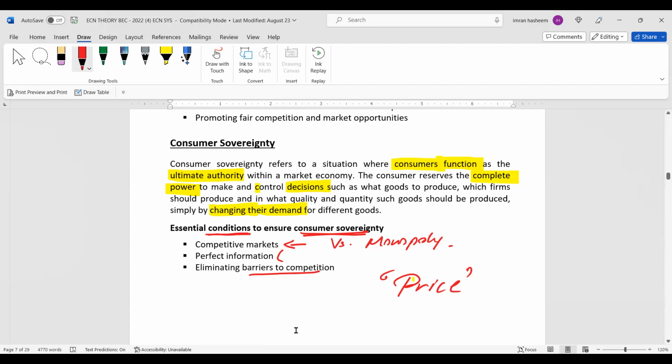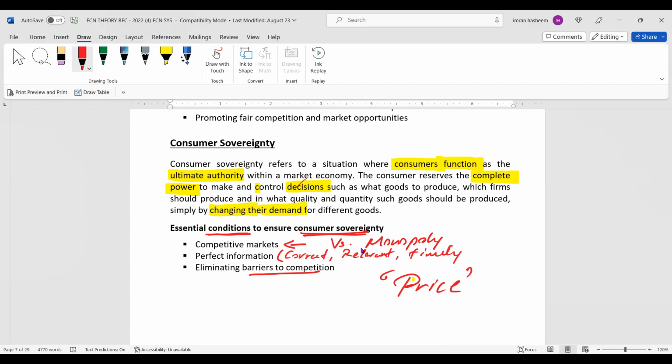Within brackets, where it says perfect information, first word is correct. If you can write the word accurate, if not the word correct is okay. Correct, comma, okay, few words. It has to be correct information. It has to be relevant information. It has to be timely information.